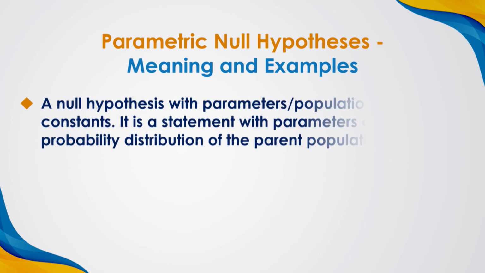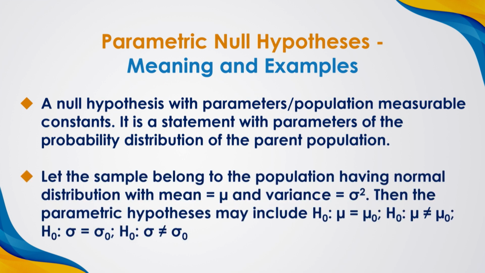Now, a parametric null hypothesis is a null hypothesis about a measurable phenomenon, so you call it a parametric hypothesis. For example, if a sample follows a normal population, the normal distribution has the parameters mu and sigma.